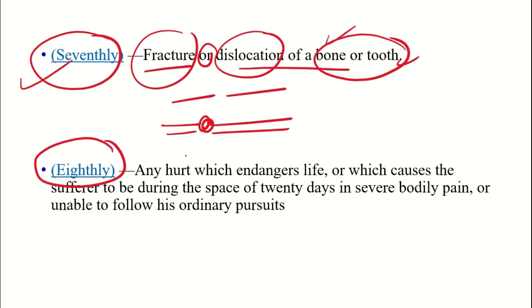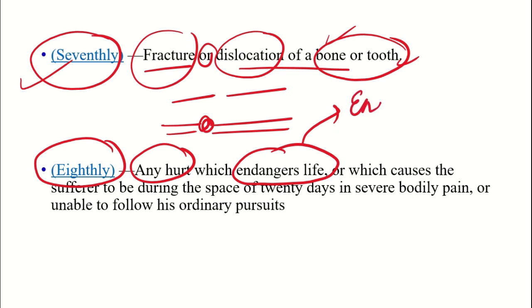It says that any hurt which endangers the life of any individual, or which causes the sufferer to be, during the space of 20 days, in severe bodily pain or unable to follow his ordinary pursuits.